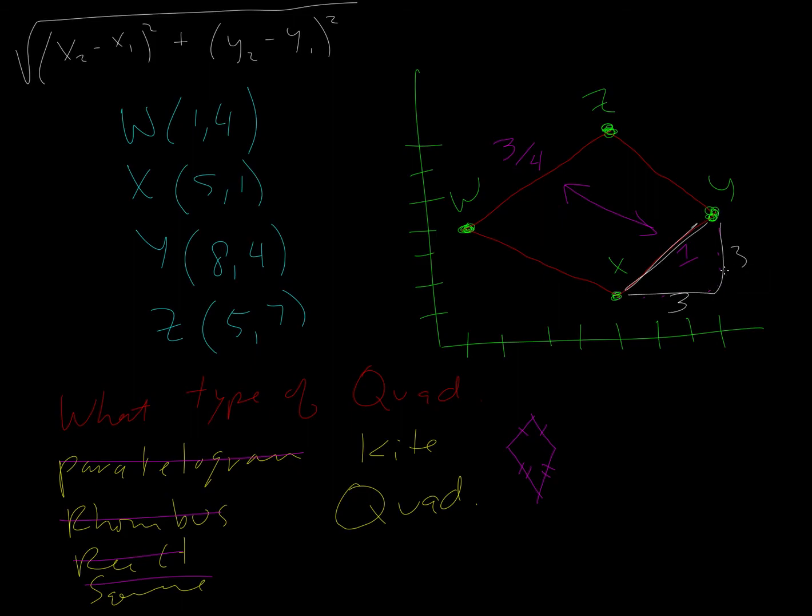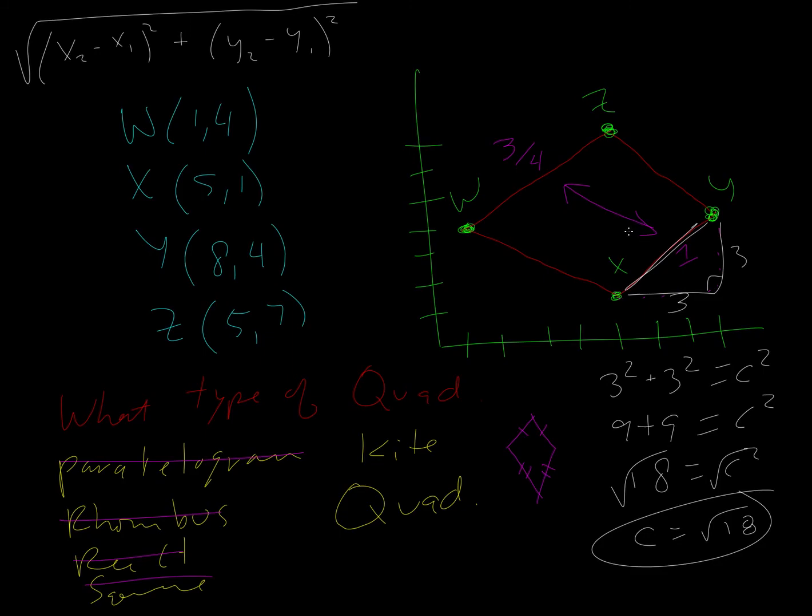If we think of that as a right triangle, we get 3 squared plus 3 squared equals c squared. 9 plus 9 equals c squared. 18 equals c squared. Square root both sides. C equals the square root of 18. So the length of this is square root of 18.